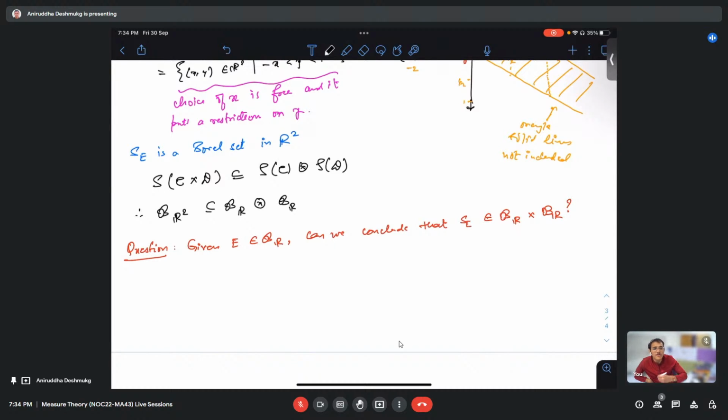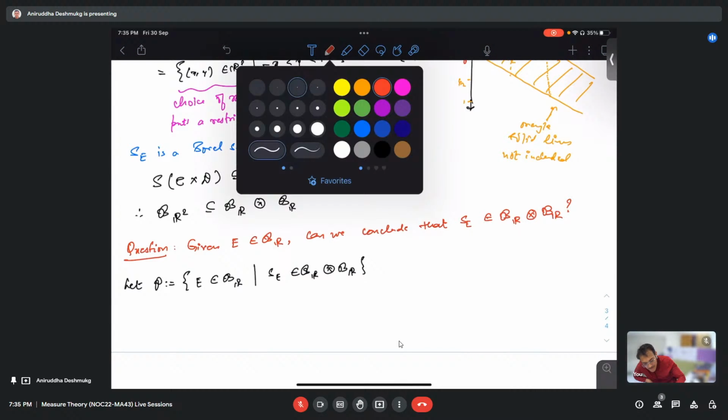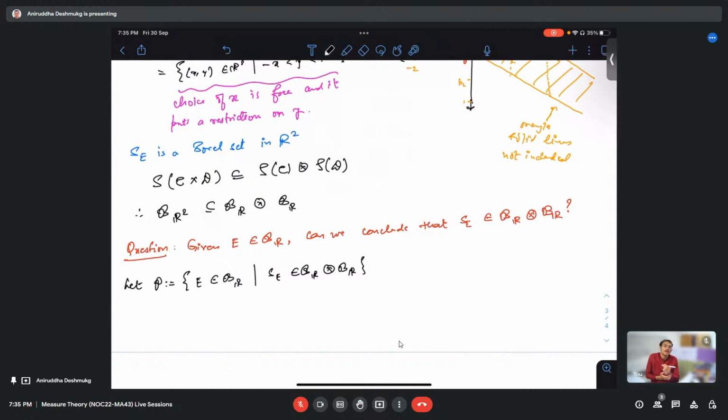What we'll do, let us look at the collection of all those sets inside BR for which the property holds. So let P be defined as, look at all those Borel sets E of R such that the set SE is inside BR cross BR. I mean, this is not the Cartesian product, it is the sigma algebra generated by the Cartesian product.